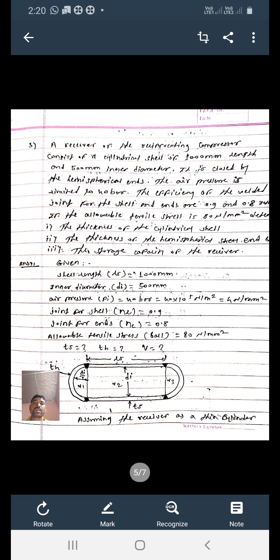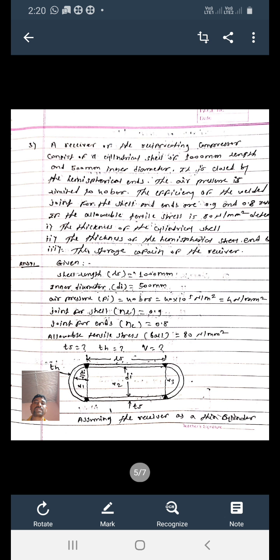In this numerical, check that the factor of safety is not given. Directly they have given the allowable tensile stress. That's why they have not given the yield strength or ultimate strength. Directly that value is given, sigma allowable is equal to 80 Newton per mm square. And what we want to calculate?